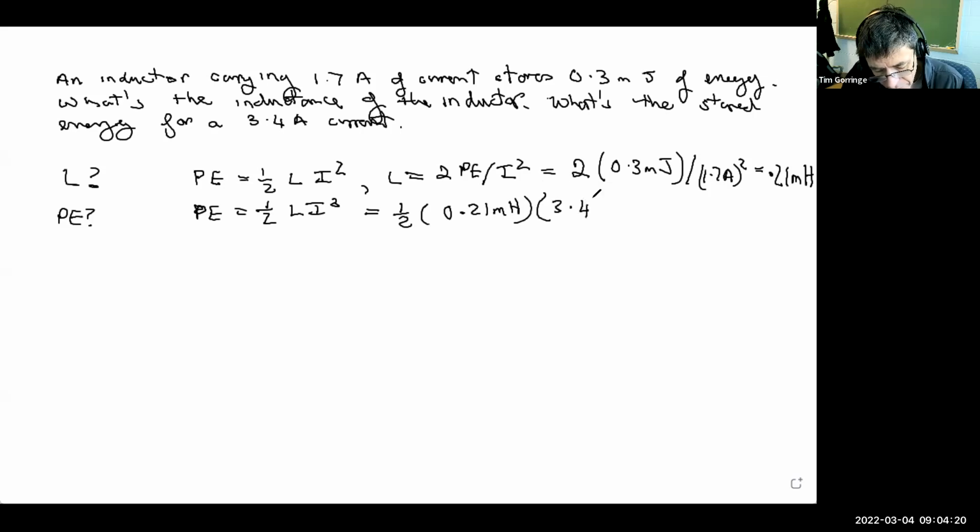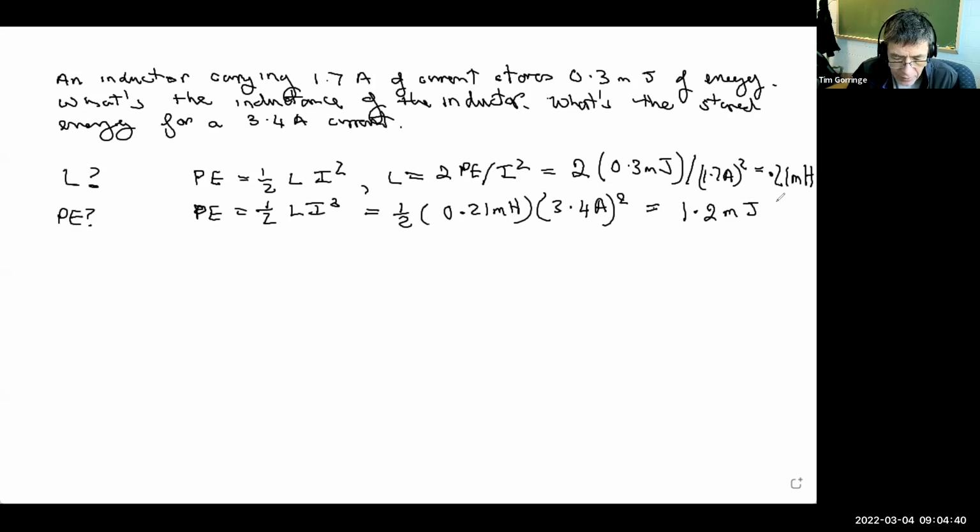It's 3.4 amps squared. And if we multiply these quantities together, then we get the energy that's stored. I've worked it out, and it is 1.2 millijoules of energy.